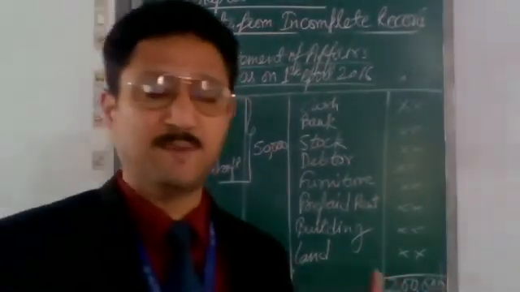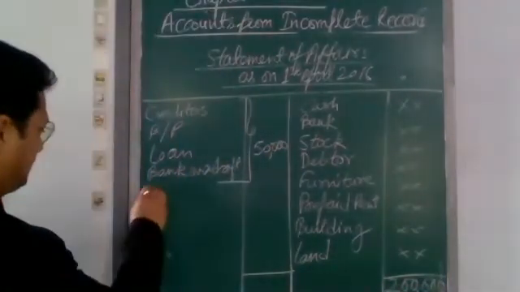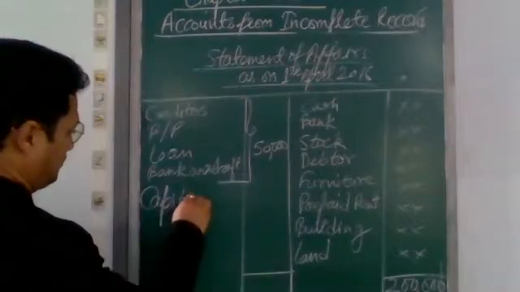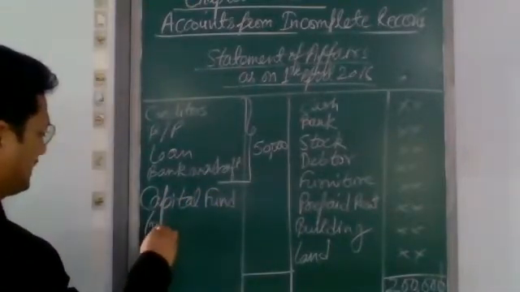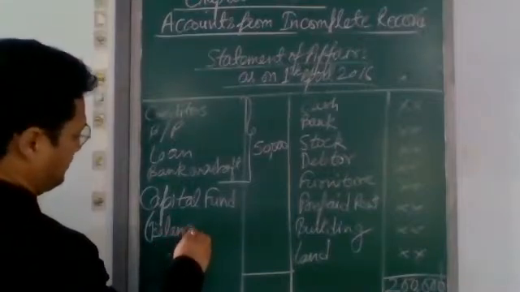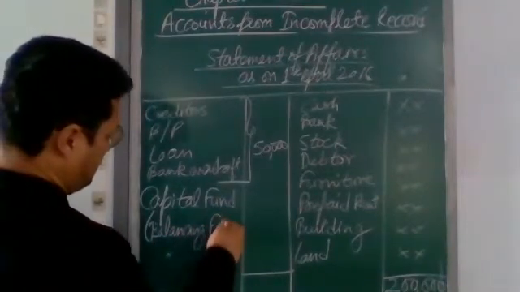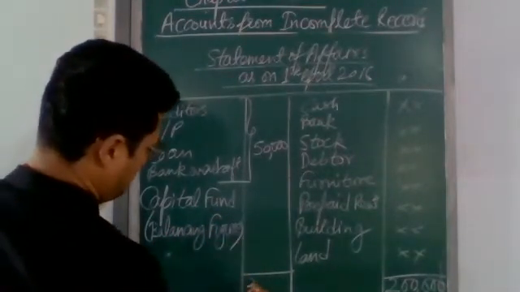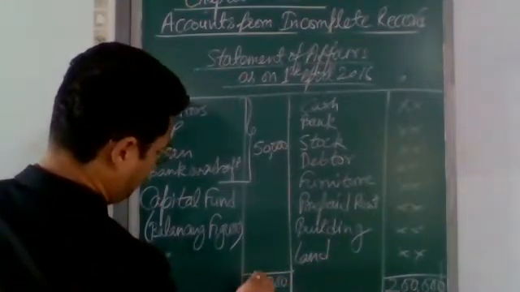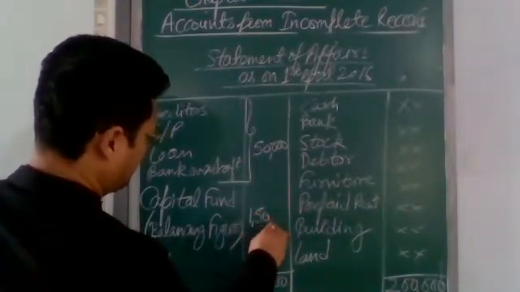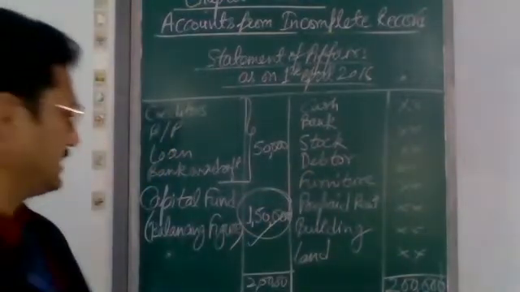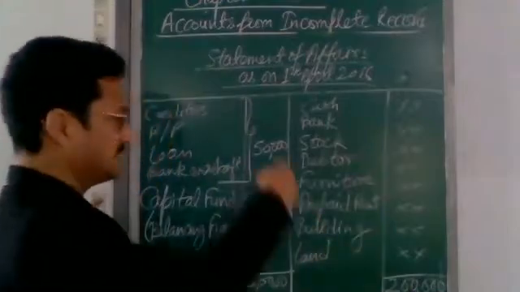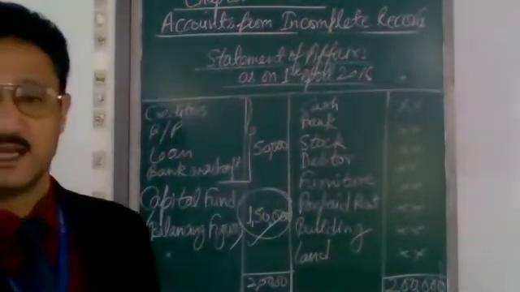What is left? The balancing figure will be capital. This will be the balancing figure: 1,50,000, 2 lakh assets minus all the liabilities, capital.